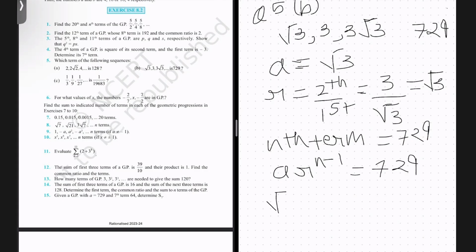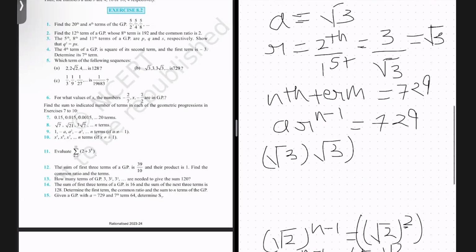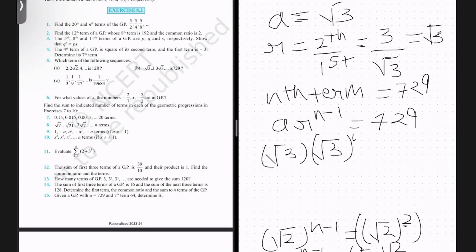So the first term is root 3. The common ratio is also root 3, to the power n minus 1. And on the RHS, you have 729.